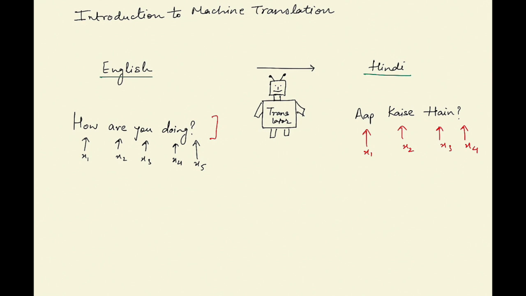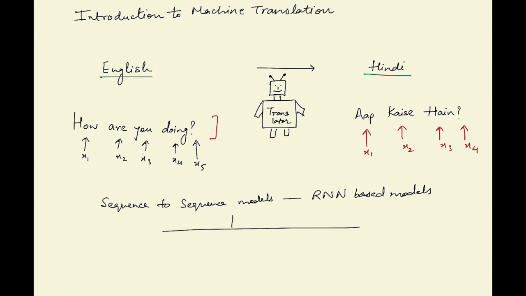The most popular model to do this translation is the encoder decoder model or attention model. These are known as sequence to sequence models, and these are RNN, recurrent neural network, based models. We have two types of these models, either encoder decoder based models or attention based models.